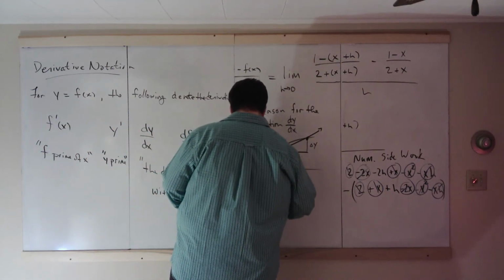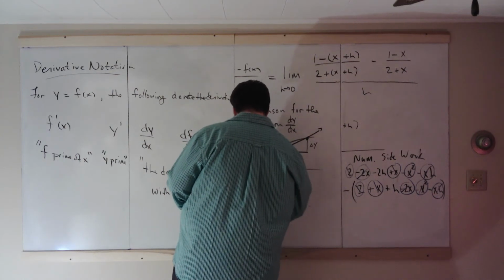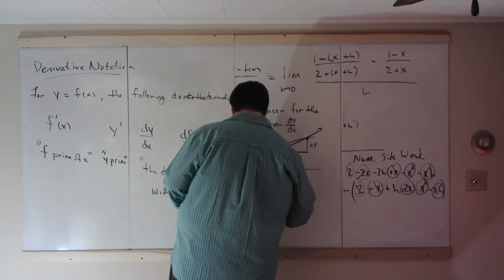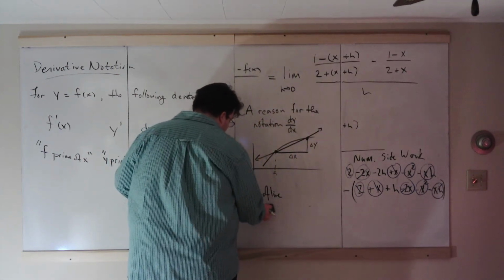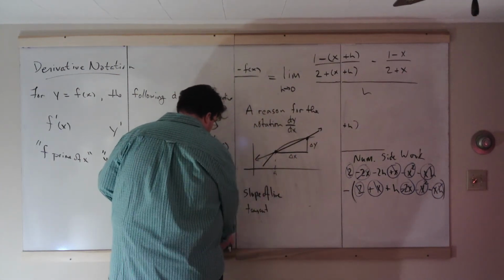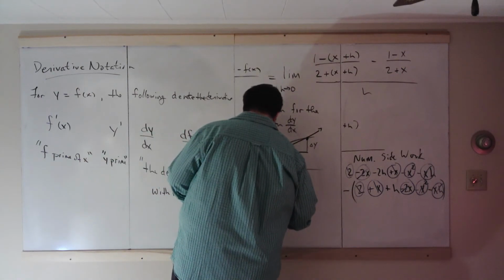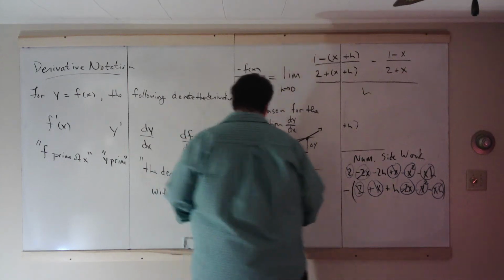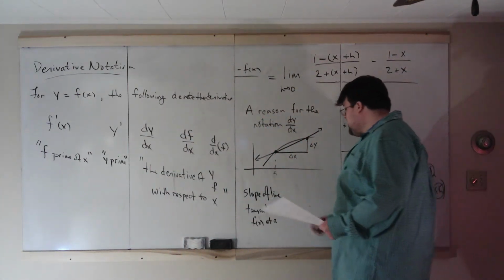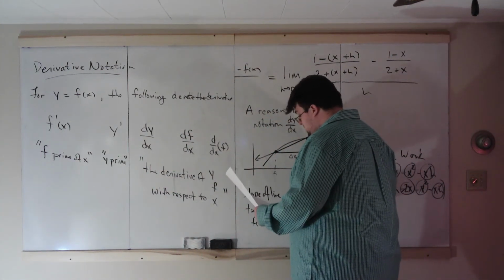But if we want the slope of the tangent line at A, so the slope of the line tangent to f of x at A, it would be the limit.